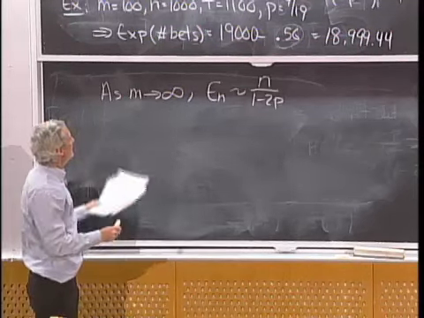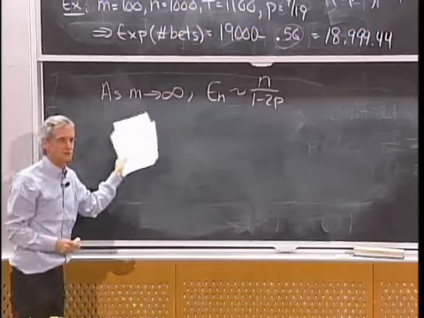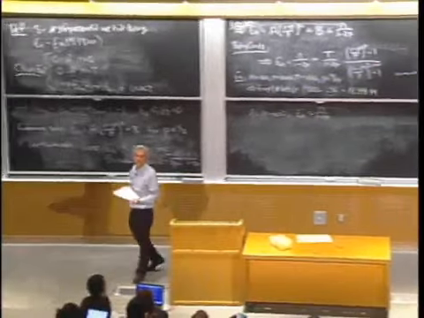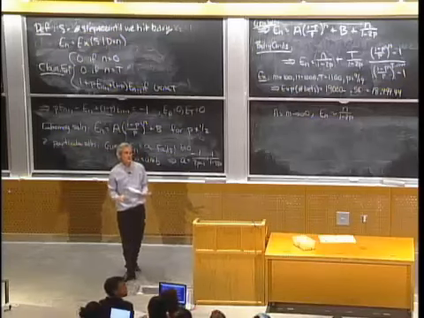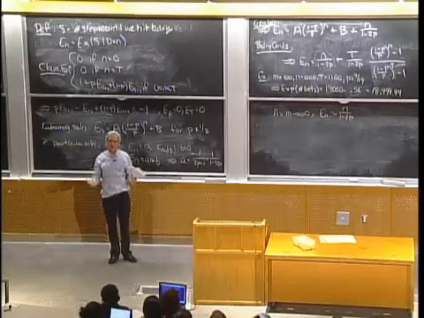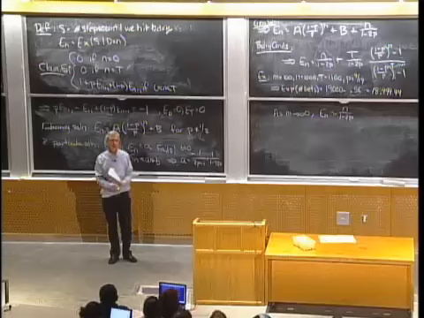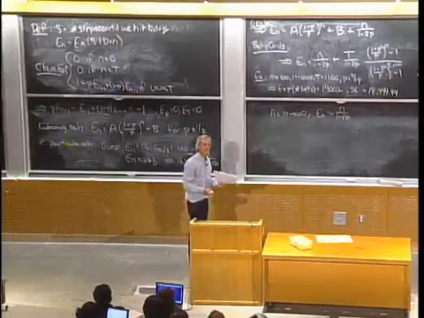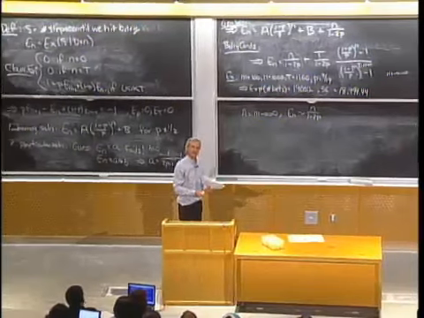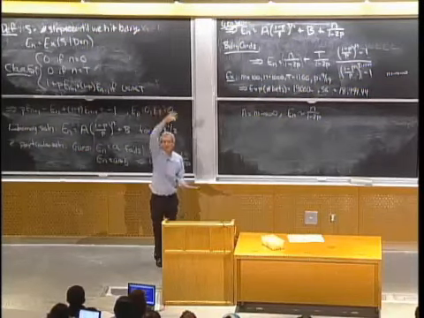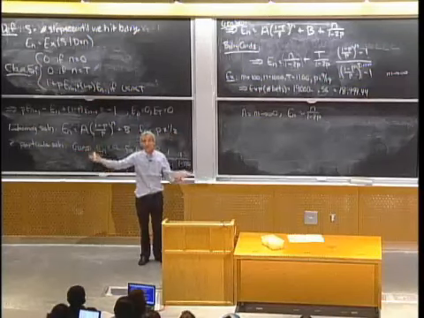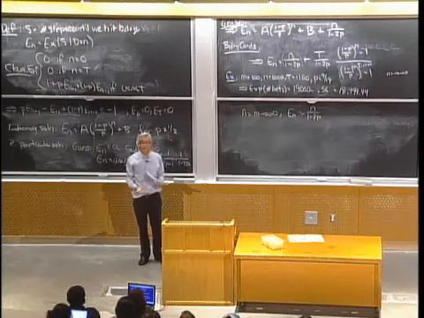Now, actually, what situation in words does m going to infinity mean? Say I set m to be infinity. What is that kind of game if m's infinity? How long am I playing now? Yeah? Now you're playing for as long as it takes you to lose all of your money. Yes. All right, because there is no stopping condition up here going home happy. I'm going to play forever or until I lose everything.